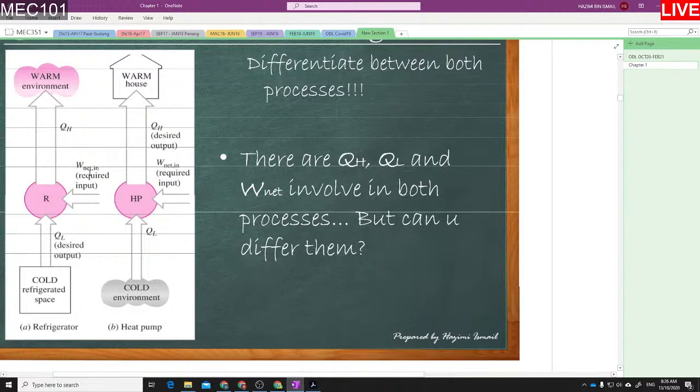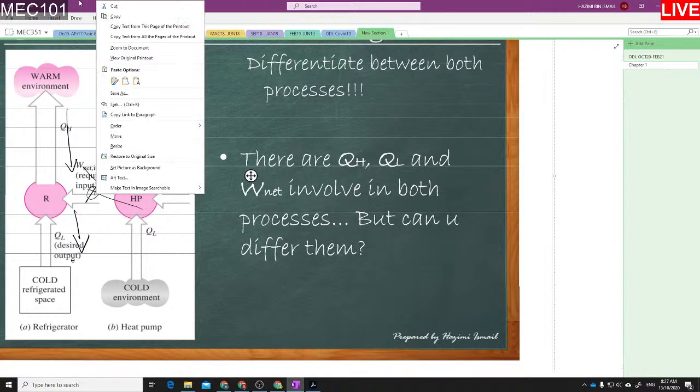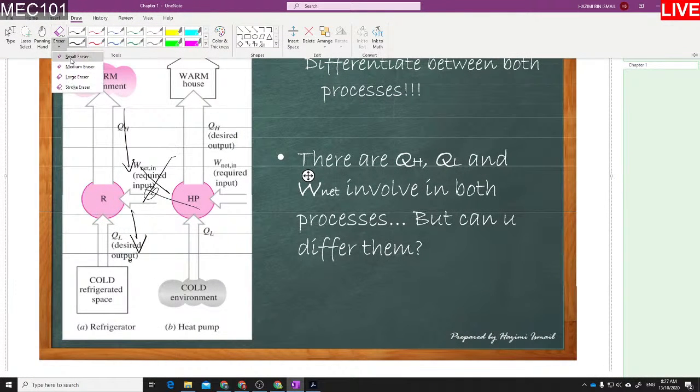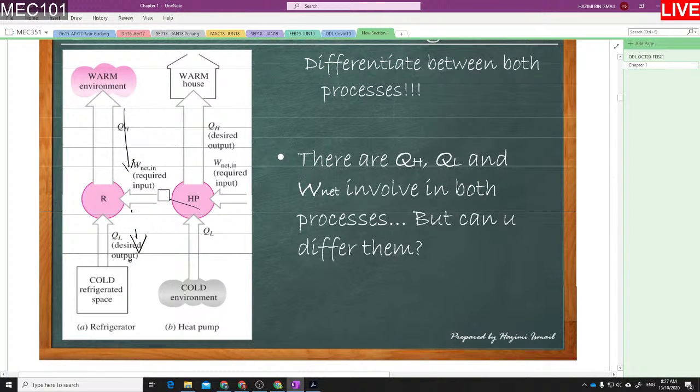If we cut off the work, it will go back to the reverse direction.